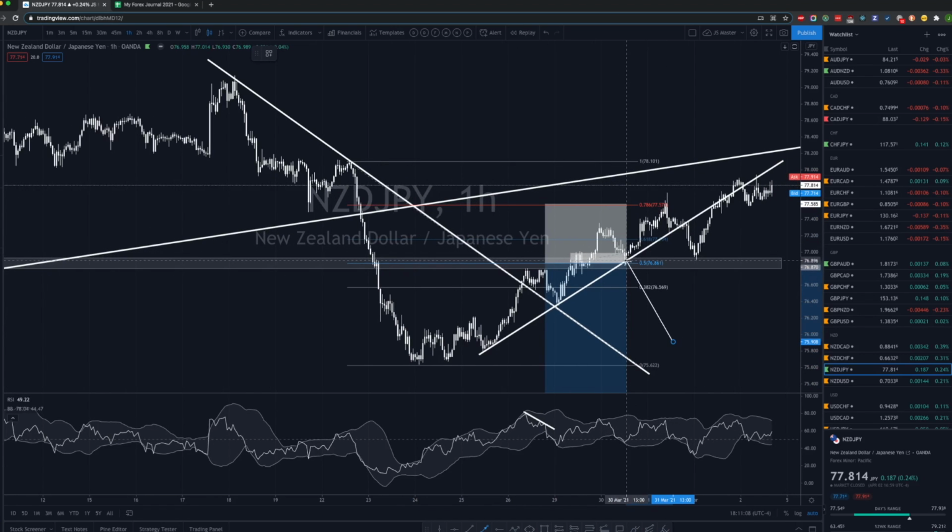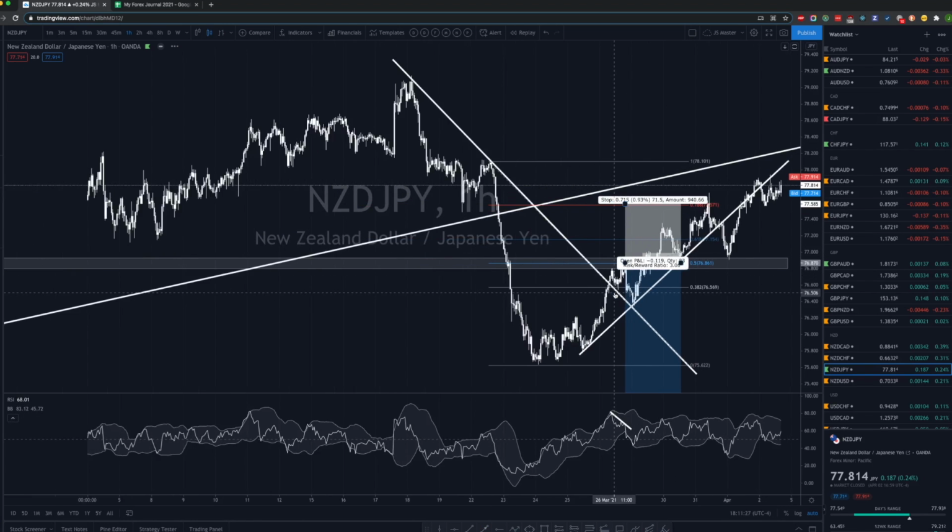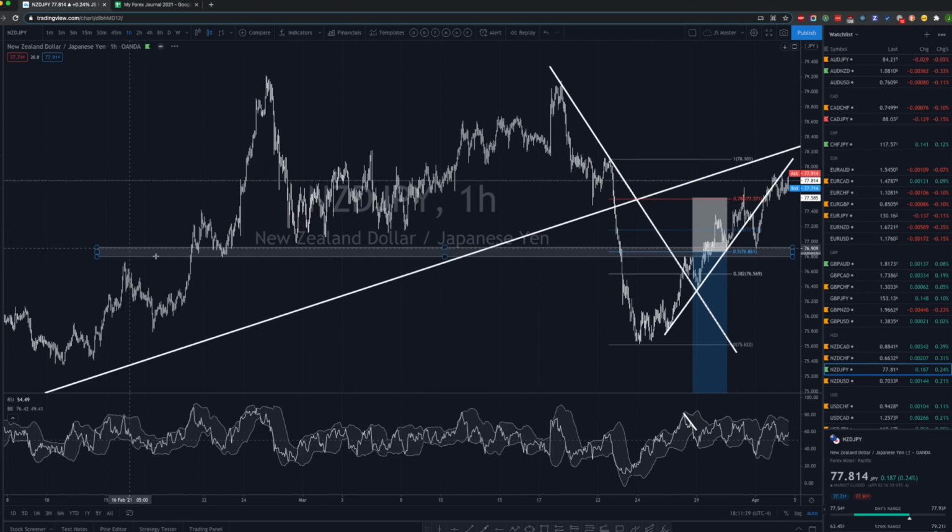That would have been a good long entry just there, and this would have probably been another decent long entry just here. But I switched my bias to short because of the way that price broke that longer term trend line and how it was retracing to the level. I actually thought it would reverse from this level just here.